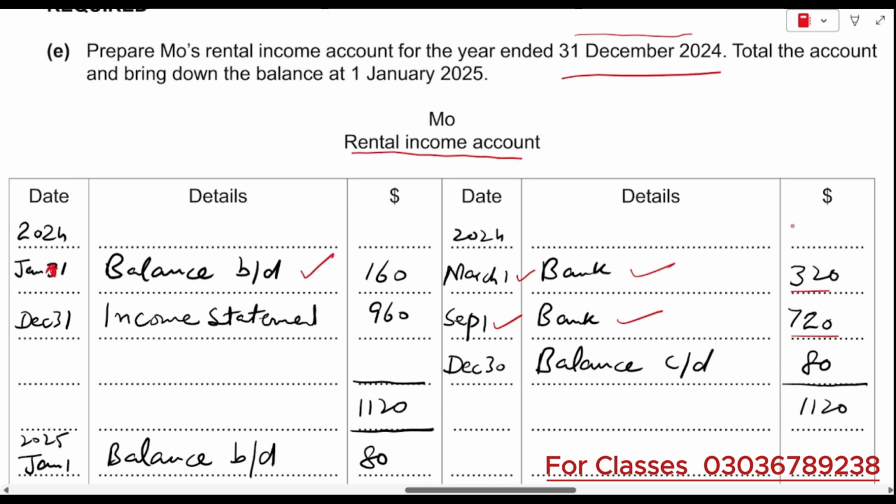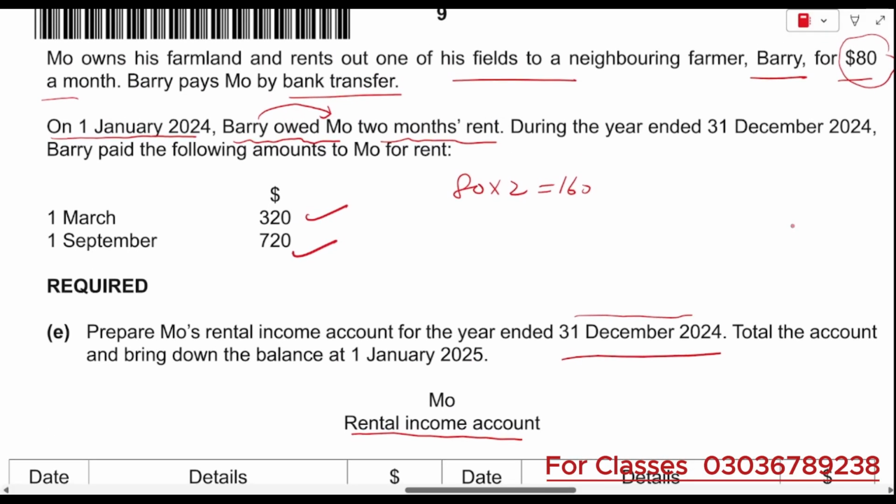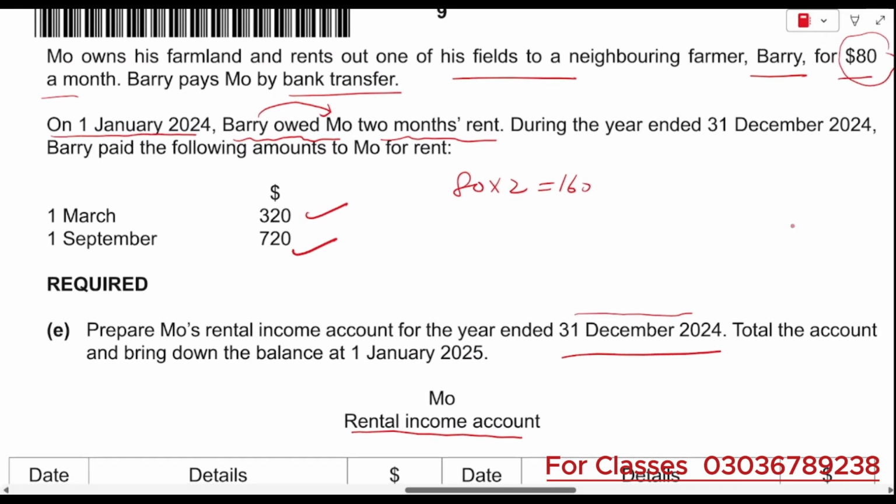After that, we will also calculate the annual rental income, because the annual rental income has to be shown in the income statement. Students, please remember whether it is an income account or expense account, you have to calculate the annual charge of income or the expense at the year end. Here we are given $80 a month and 12 months will be 80 multiplied by 12.